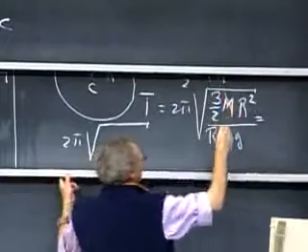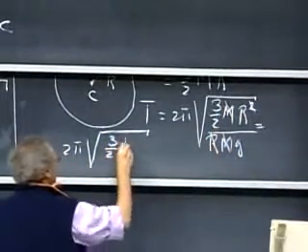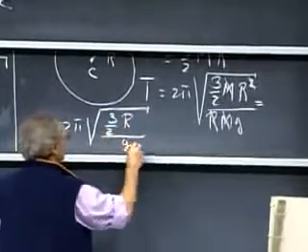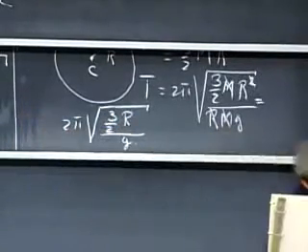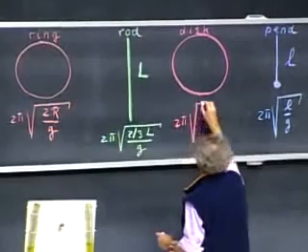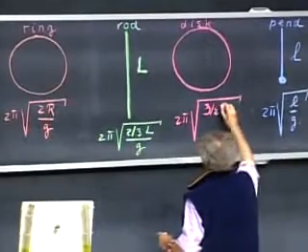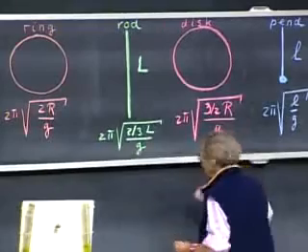I lose my m as always, I lose an R. I get here 3/2 R divided by g. And so let's write that down here. So we have 2 pi times the square root of 3/2 R divided by g.